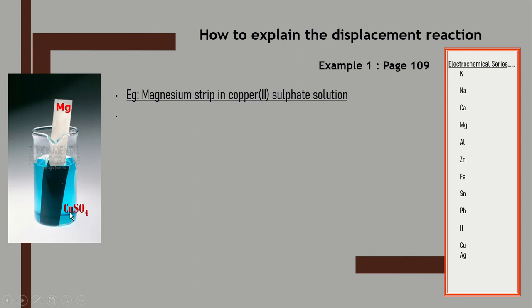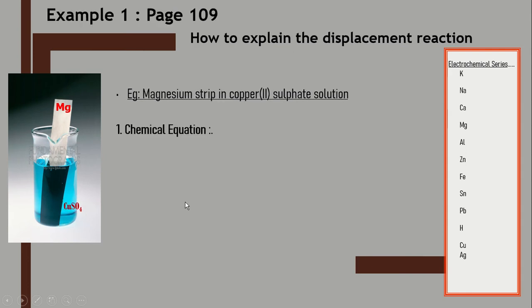So kita nak displace Cu ion ni jadi Cu metal by using magnesium metal. So kat sini boleh berlaku reaction lah kan, because magnesium is located above Cu in ECS. So magnesium is more electropositive, thus it can displace Cu ion from its salt solution to become Cu metal.